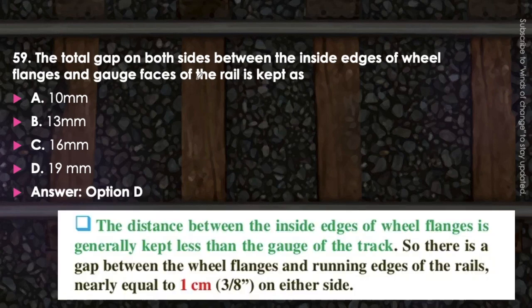It is 19 mm. That is option D. The distance between the inside edges of the wheel flanges is generally kept less than the gauge of the track. So there is a gap between the wheel flanges and the running edges of the rails nearly equal to 1 centimeter on either side. If we include both sides, then it will be around 2 centimeters, that is around 20 mm.